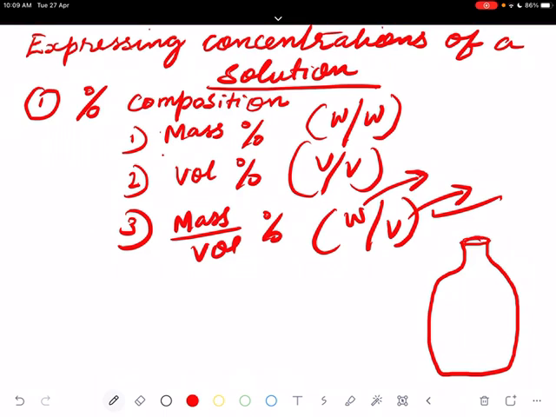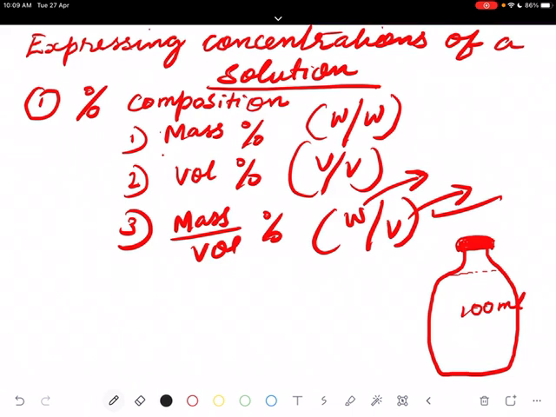In that the medicine is there, a particular weight of the medicine, and the total volume of the solution. This is 100 ml cough syrup or 100 ml nimulid suspension, like that.